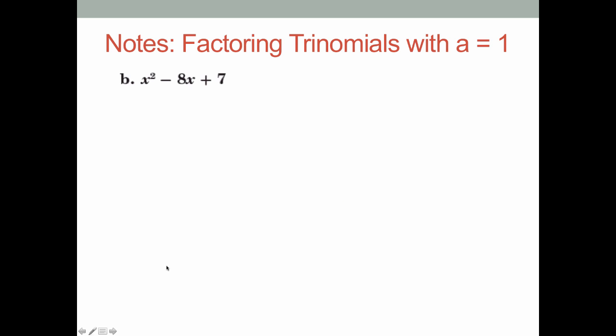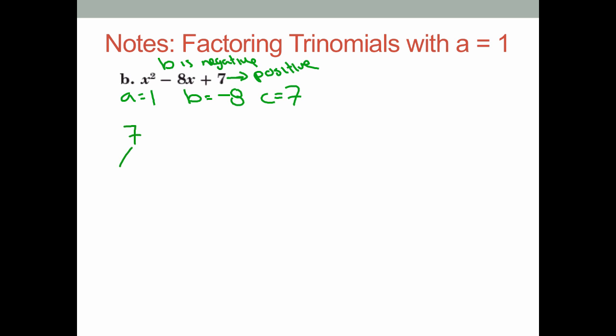Our next example has a equals 1, b equals negative 8, and c equals a positive 7. Now, you'll notice that the b is negative, and the c is positive. Now, I'm looking for 7.